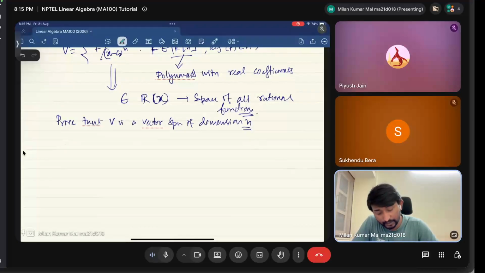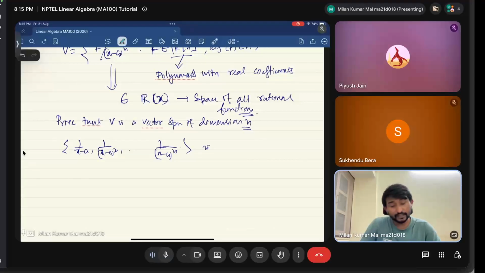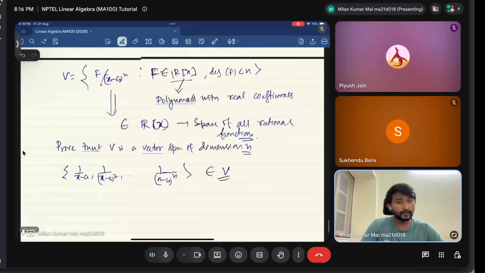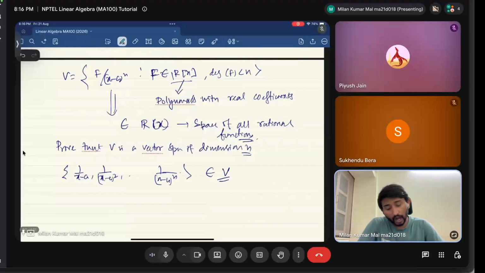So let's take these elements: 1 by x minus a, 1 by (x minus a) square, all the way to 1 by (x minus a) to the power n. Why are these elements in V? First of all, check that this is in V. Because f can be any polynomial of degree less than n. How does one get 1 by (x minus a)?